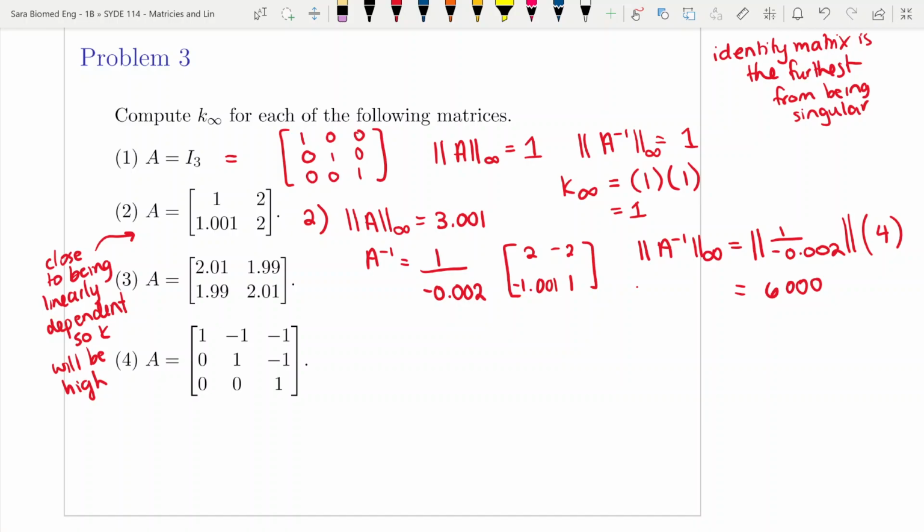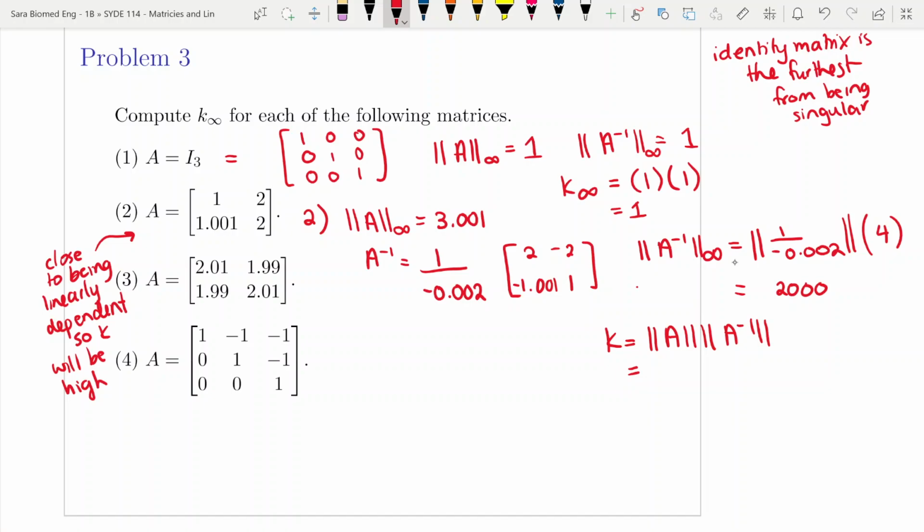Compared to the first one, where the condition number for the first question is 1, this is 6,000 or so, which is very high. It means the matrix is very close to singular, meaning the columns are very close to linearly dependent.